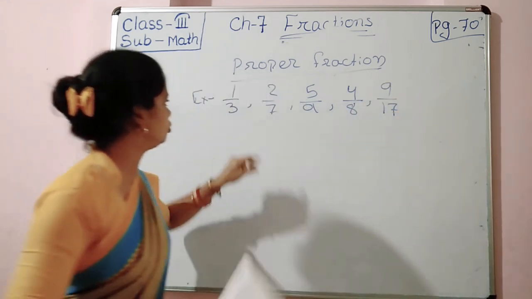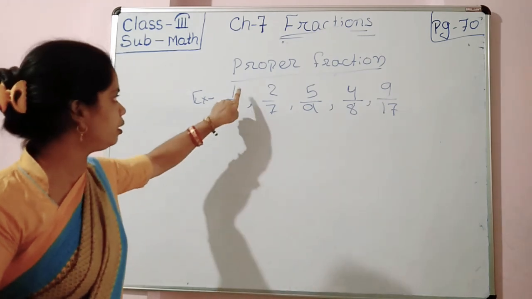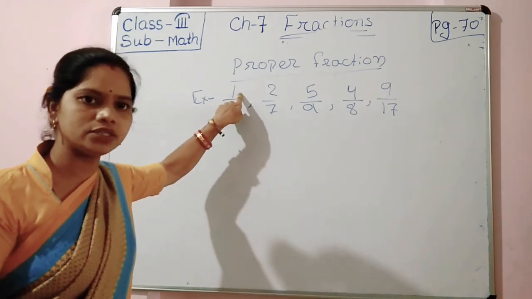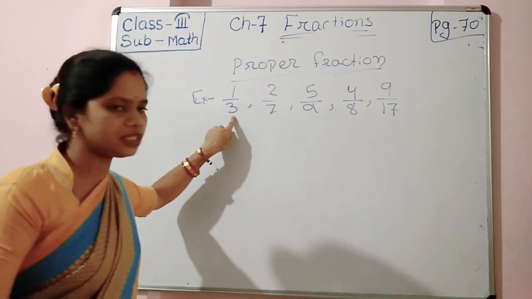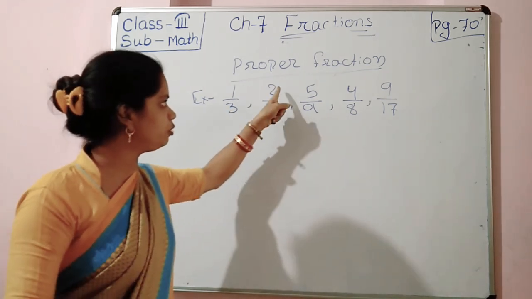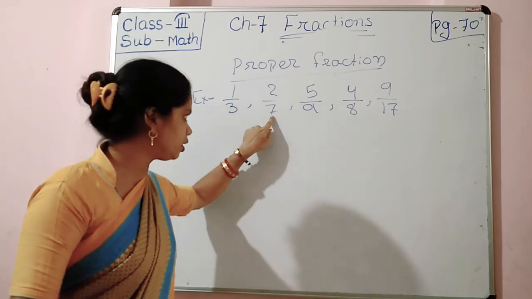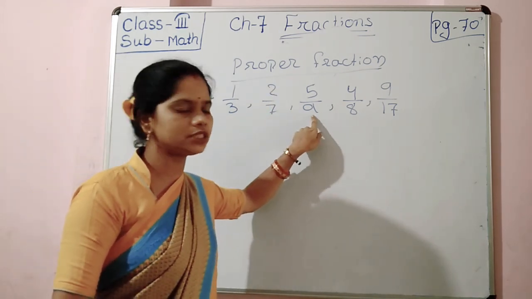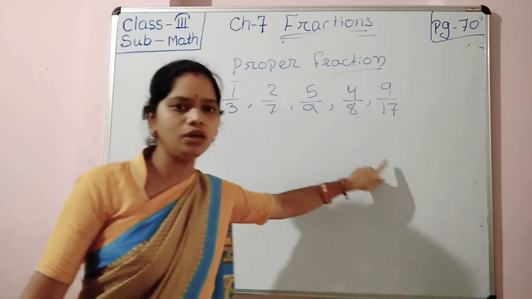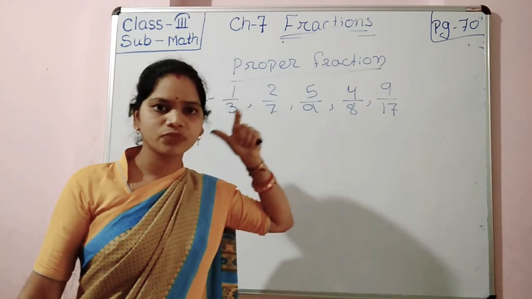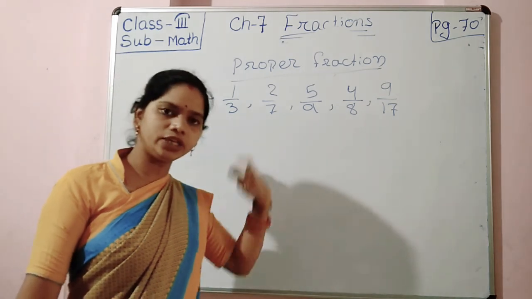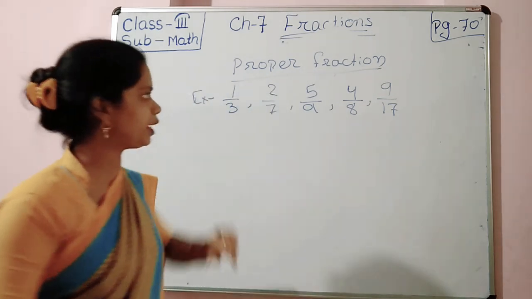Look at the fractions. Here the numerator is smaller than the denominator, and in every fraction the denominator is greater. When the numerator is smaller than the denominator, that is called a proper fraction.